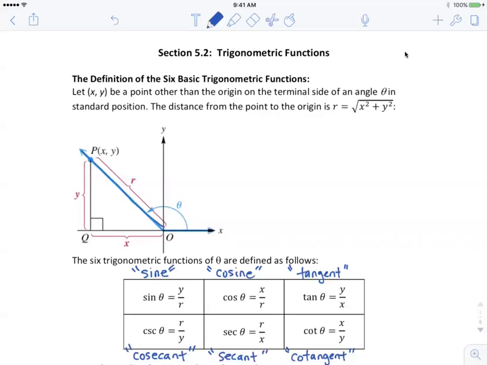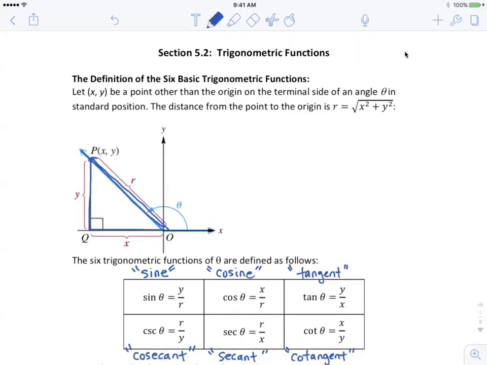If you think about what the value of y is, it's the distance from that point down to the x-axis, almost like the height of a triangle. The x is the distance along the x-axis, and the r is what we're going to use to call the hypotenuse. If we want to come up with an equation for r, we can use the Pythagorean theorem, the old a squared plus b squared equals c squared.